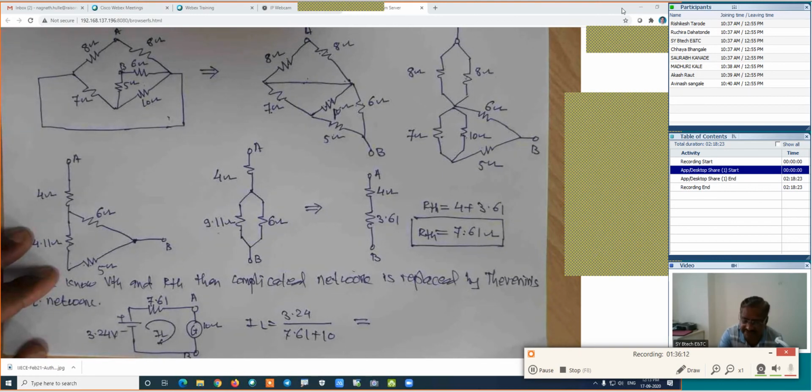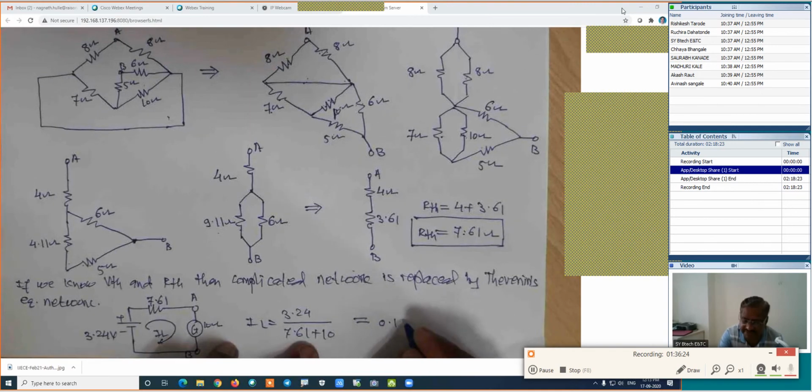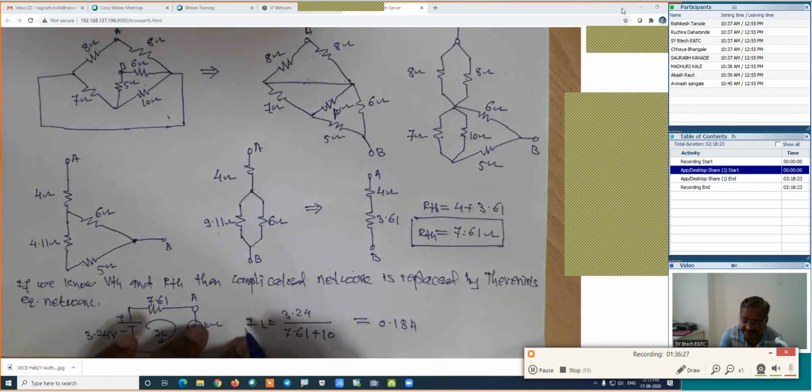Yes. Nagnath. Sir, 0.18. Sorry? 0.18. 0.18 amperes is the load current.